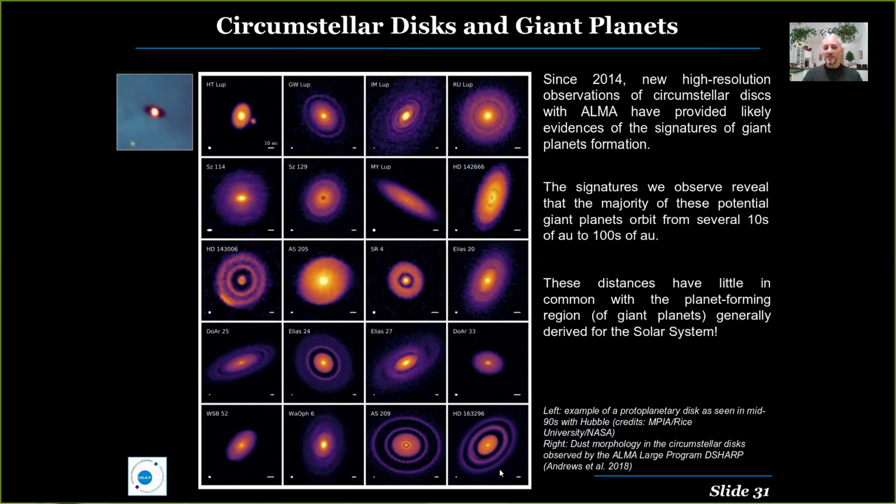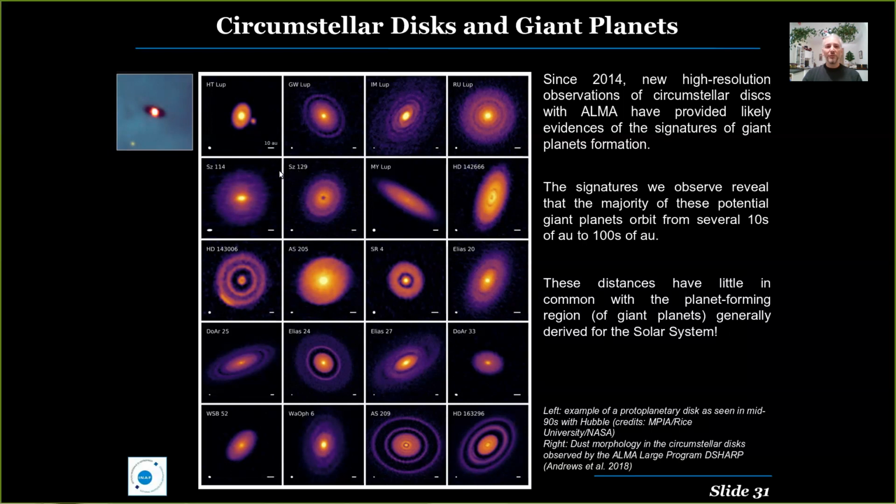However, in other cases, like for example the case of HD 163296 at the bottom right of this mosaic, there are different lines of indication that suggest that these rings are actually caused by the presence of giant planets embedded in the disk.